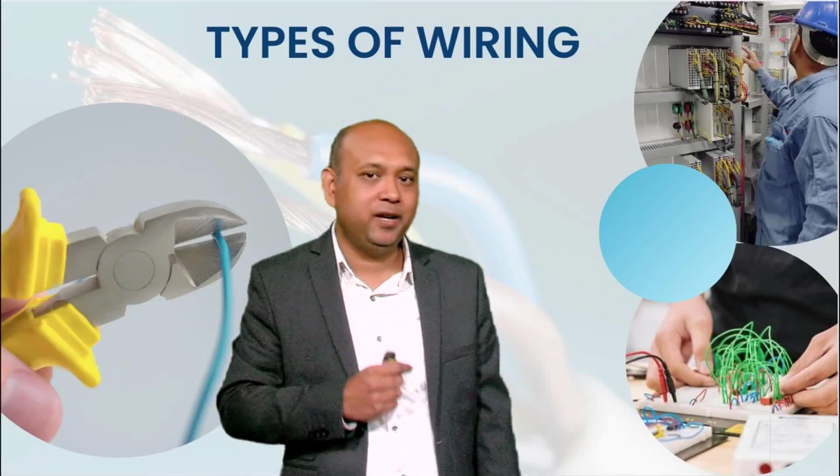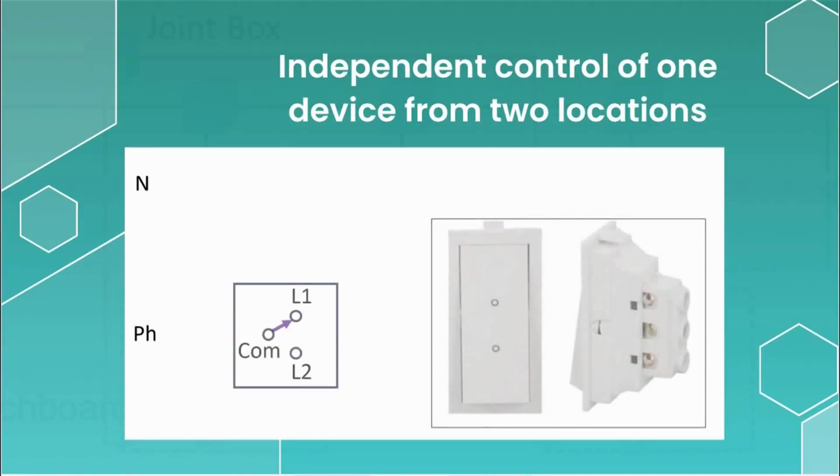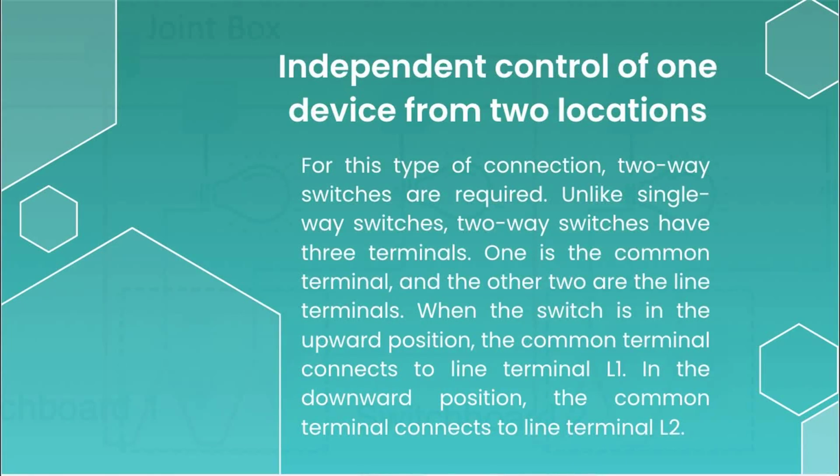For this type of connection, two-way switches are required. Unlike single-way switches, the two-way switches have three terminals. One is the common terminal and the other two are the line terminals. When the switch is in the upward position, the common terminal connects to the line terminal L1.